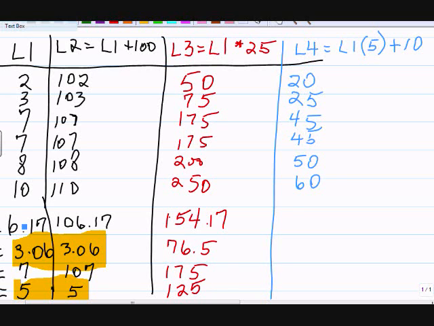If I take 6.17 and I multiply it by 5 and add 10, I do all of the transformations when I talk about my measures of center. What's my new center?